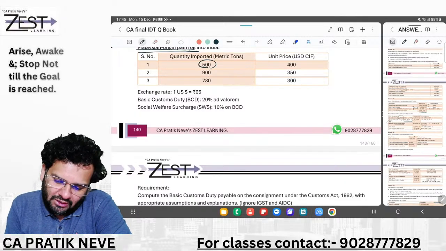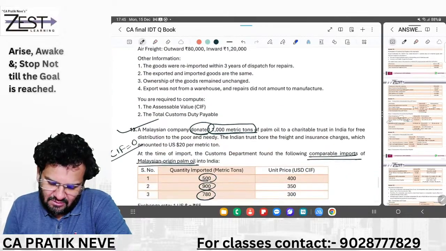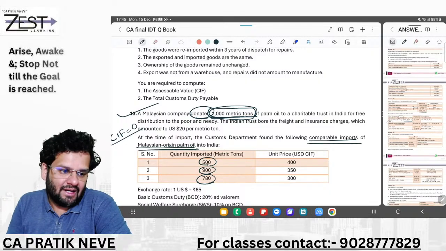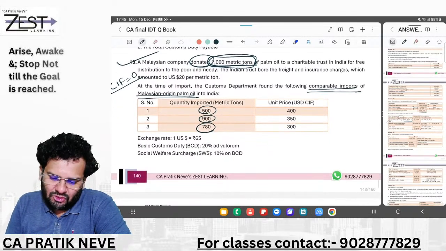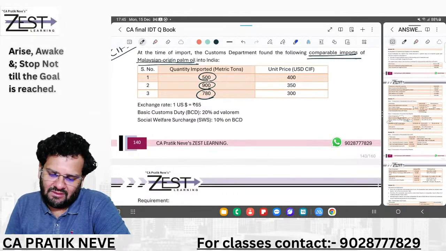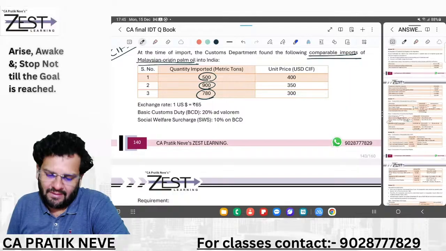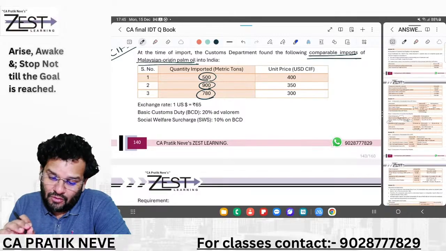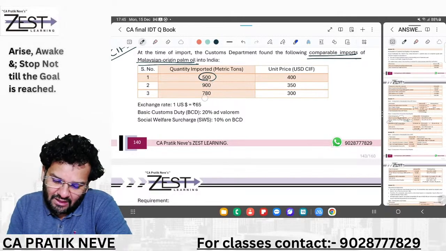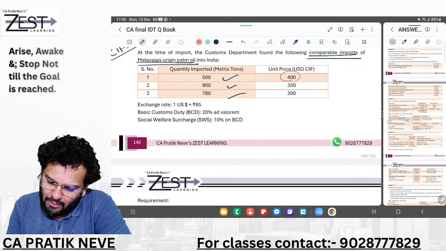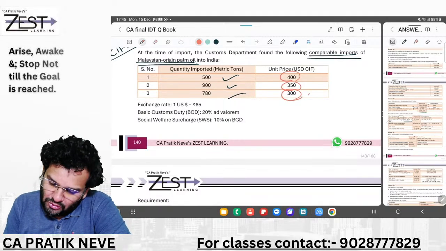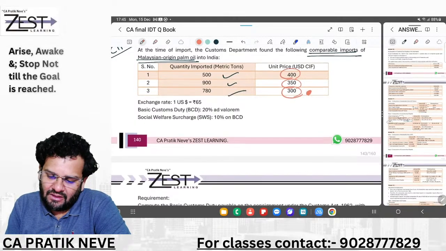So you can take all three, because you want substantially the same commercial level and quantity. So it is 1000. So these three can be taken as comparable quantity. Once you have selected these quantities, you have to consider the prices. Among the given prices, which is the least that you have to consider? So least is 300.